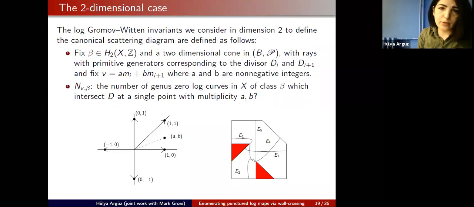So if you look at the blow-up of P2 at 2 toric plus 2 non-toric points, which is admitting an almost toric base diagram that I drew on the right-hand side, you can see that there are 10 minus 1 curves. 5 are coming from the boundary, the strict transforms of the boundary components, and there are 5 more which are obtained like this. I drew them like this, like E1 is a curve which, so there's a singularity over the tip of the red triangle, which is a pinched torus.